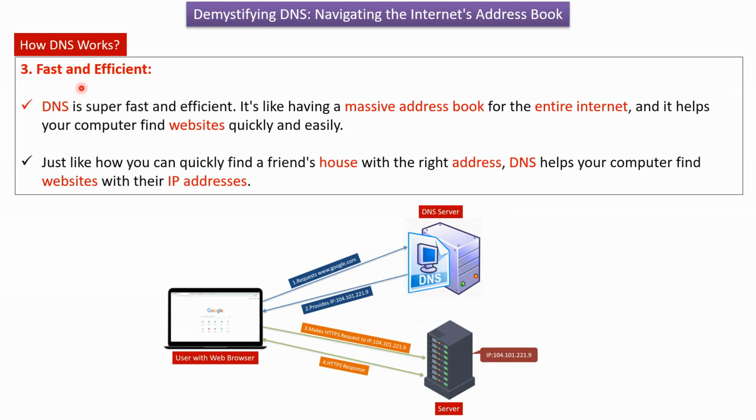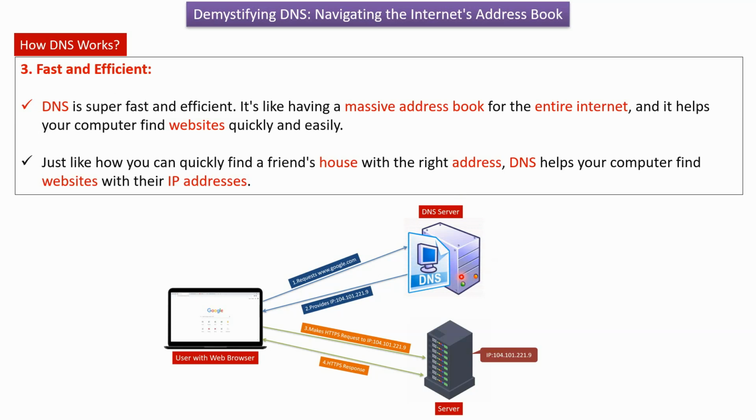The third point is fast and efficient. DNS is super fast and efficient. It is like having a massive address book for the entire internet. DNS helps your computer find websites quickly and easily, just like how you can quickly find your friend's house with the right address.